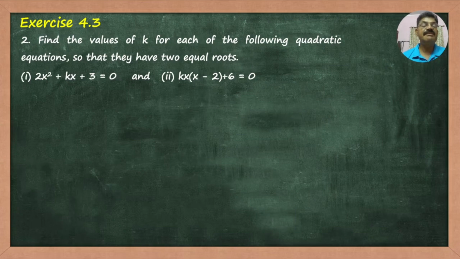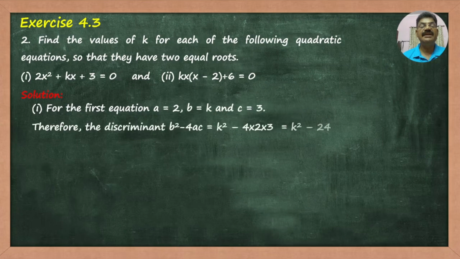In the first problem, a = 2, b = k and c = 3. So what you have to do, you find b² − 4ac and equate it to 0. Then you will get the value of k. So first problem, a = 2, b = k and c = 3. b² − 4ac is k² − 4 × 2 × 3, which is k² − 24.